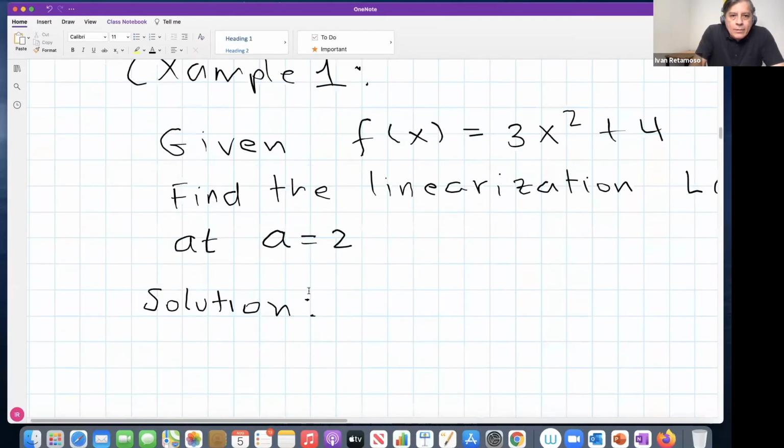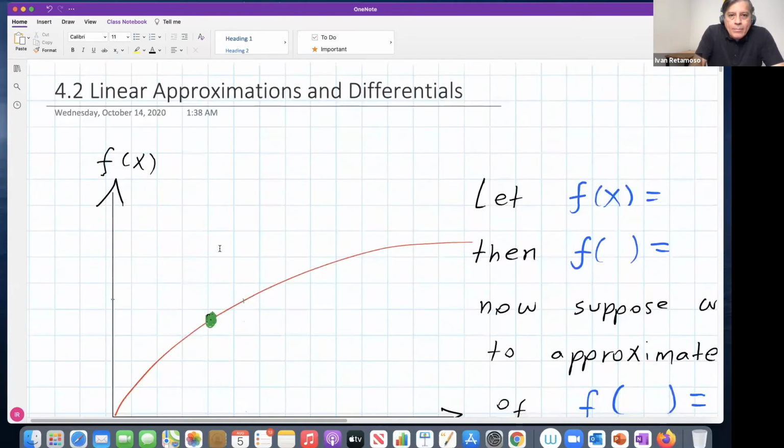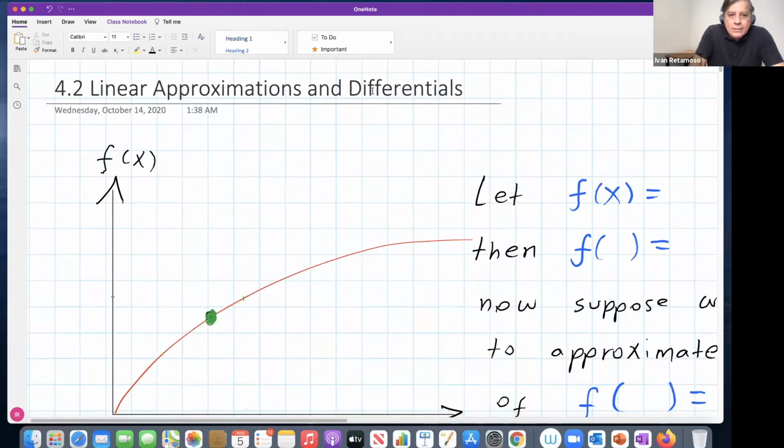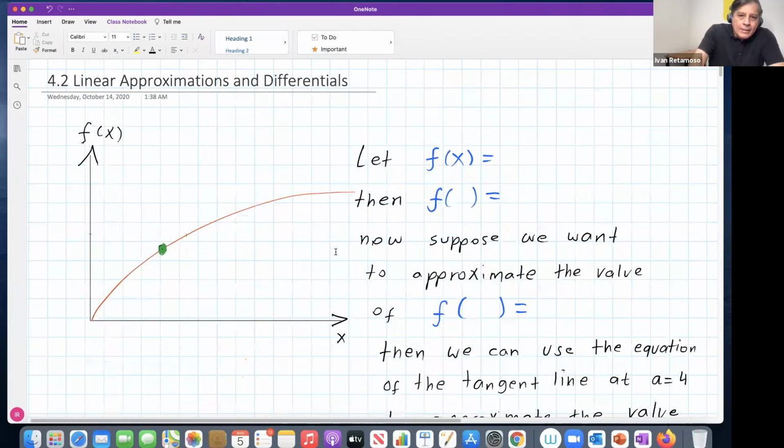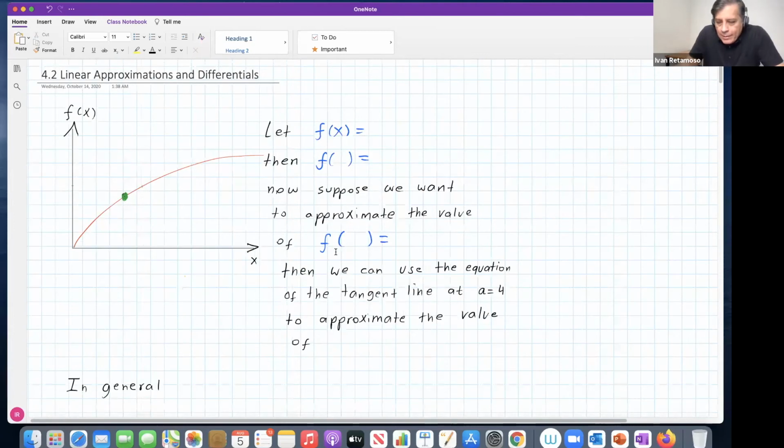Today, guys, we're gonna talk about linear approximations and differentials, okay? Let's start with linear approximations, a very, very important idea that mathematicians figured out. And how does this work? Well, the basic idea is this.